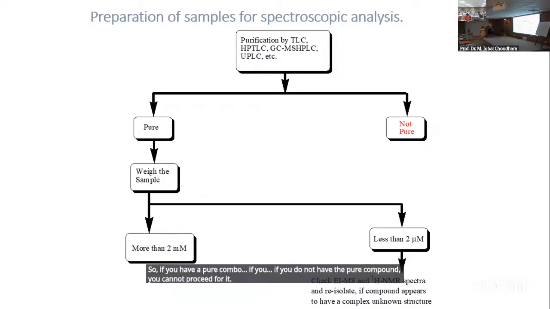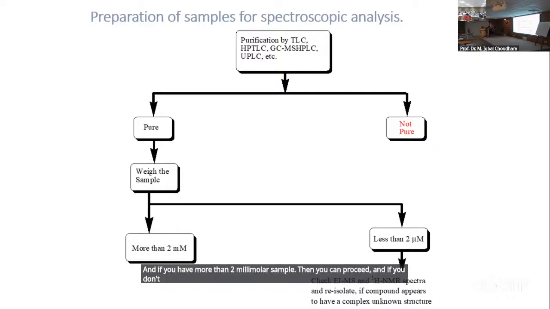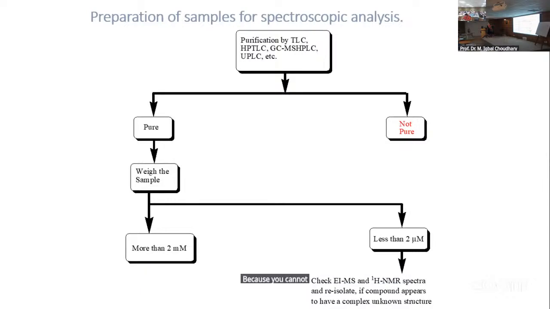If you have the pure compound, you need to weigh the sample. If you have more than 2 millimolar sample, then you can proceed. If you do not have that much quantity, then you cannot proceed further, because you cannot do all the spectroscopic analysis.